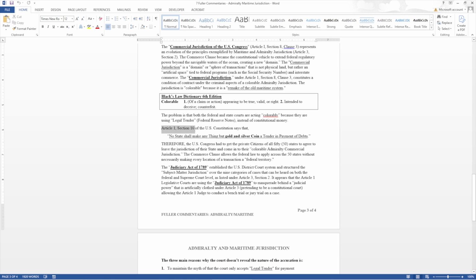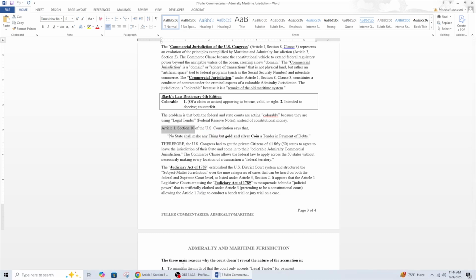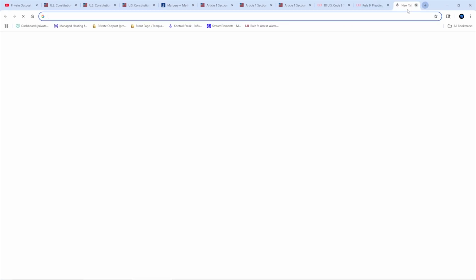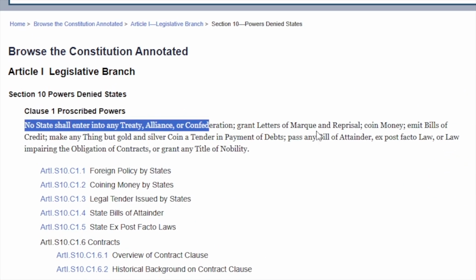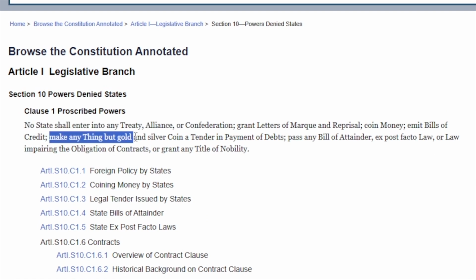If we look under Article 1, Section 10, we actually find the answer to what constitutional money is. No state shall make anything but gold and silver coin a tender in payment of debts.